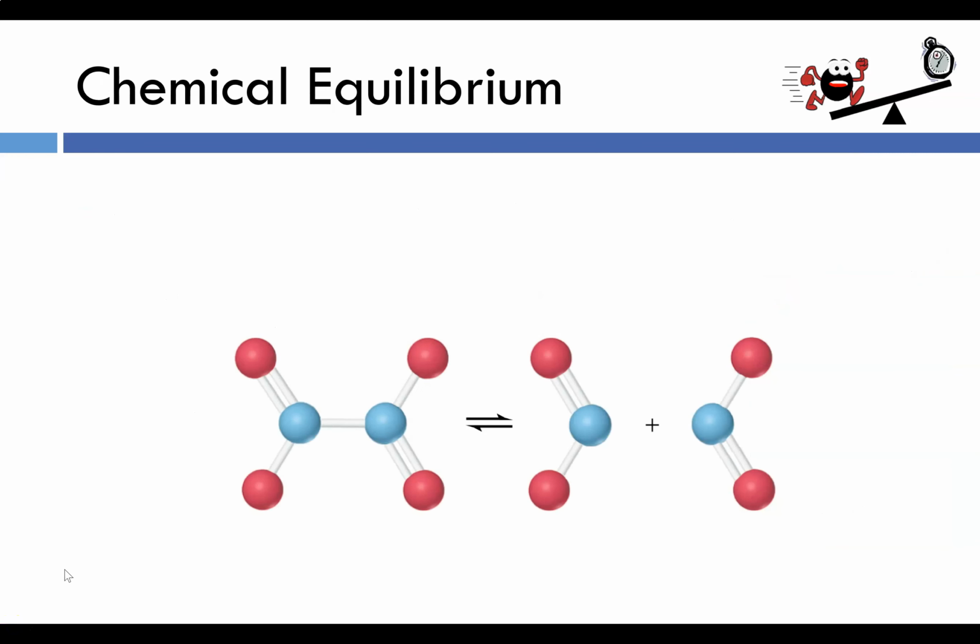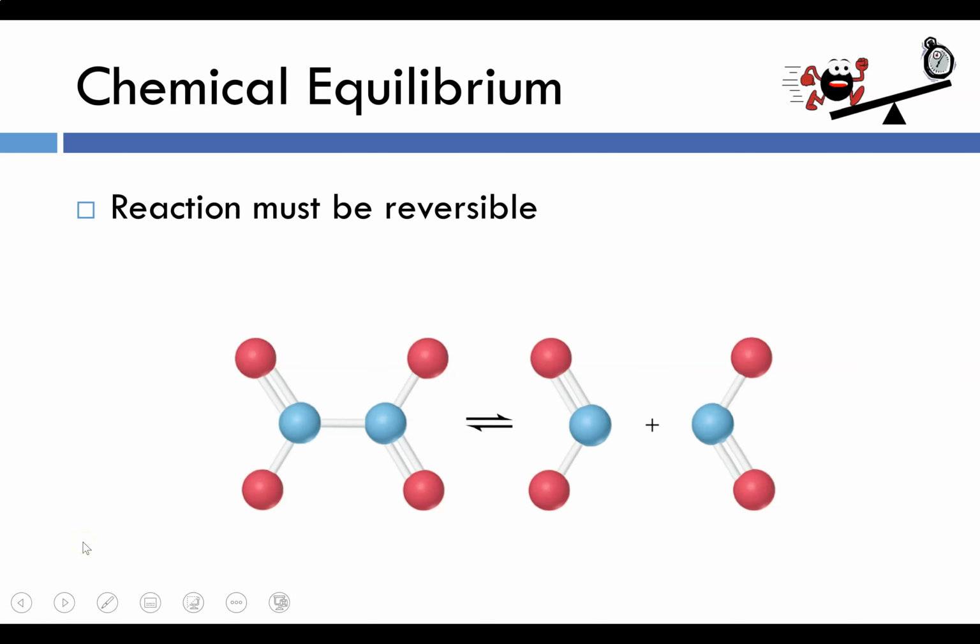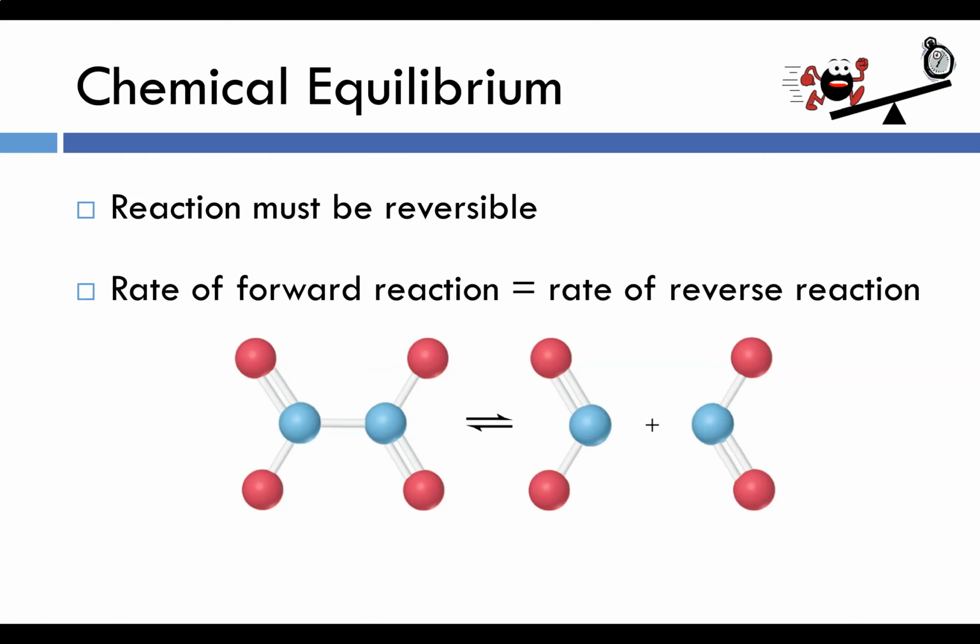The last thing that we're going to talk about today are chemical equilibrium systems. And this is really what we're going to be focusing on moving forward for the remainder of the lesson. Any sort of chemical equilibrium system has to be with a reversible reaction. And we can't see this with one direction, forward reaction only. The rate of the forward reaction is equal to the rate of the reverse reaction.